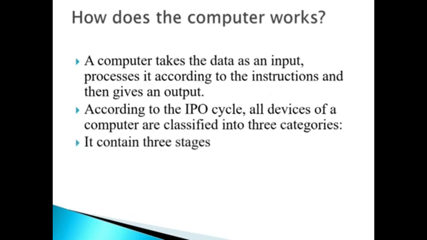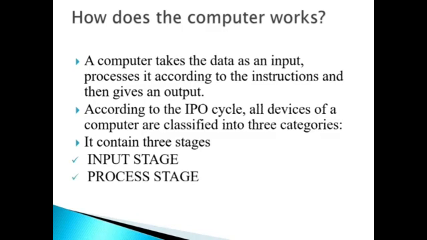Stage 1 is the input stage, stage 2 is the process stage, and stage 3 is the output stage. So the entire process, when we give the instruction, the process works according to our instruction, then it gives us an output. That process is called the IPO cycle.